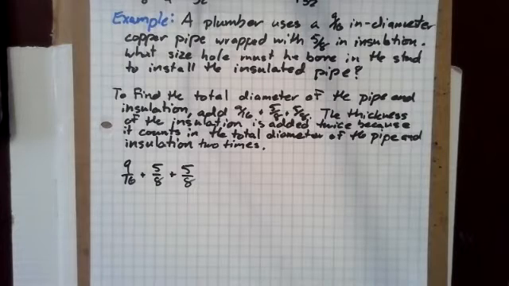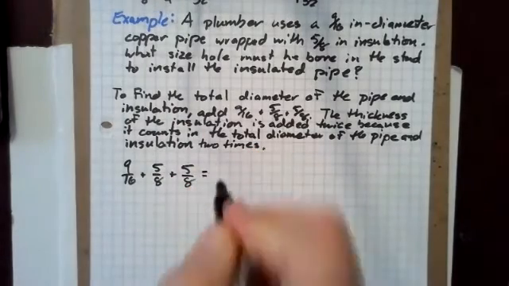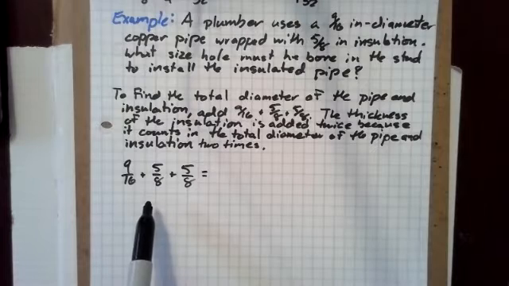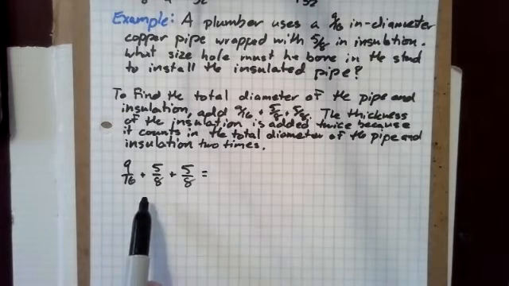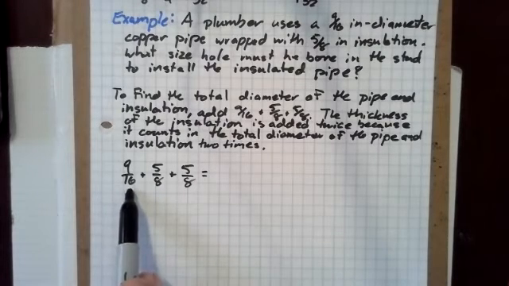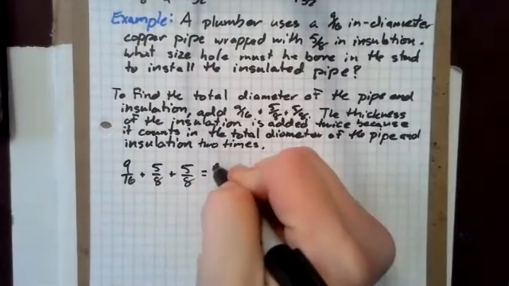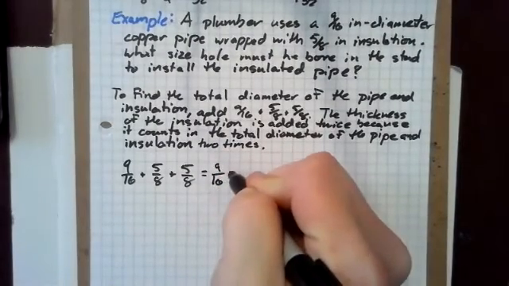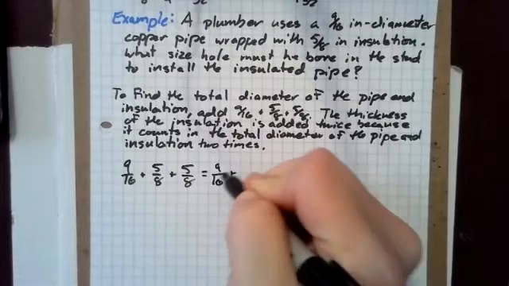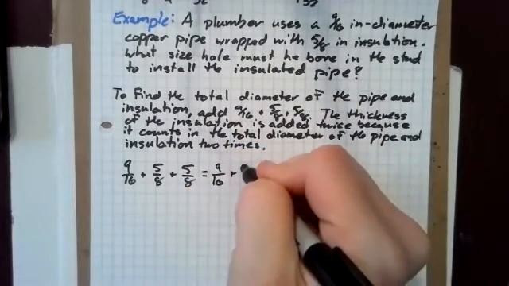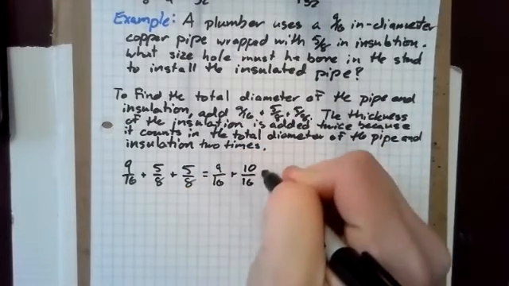and insulation 2 times. The least common denominator that we can use is 16, because that's 8 times 2. So our 9/16 will stay the same, and our 5/8 we'll just double the numerator and double the denominator for 10/16 and 10/16.